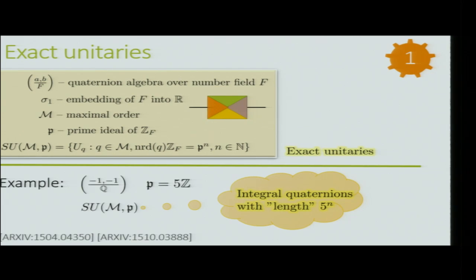If you're not very familiar with the notion of ideals, here is a simplification: over Q, 5 times Z is a prime ideal. Then you can think of this set as all quaternions from a maximal order of norm 5 to the n.